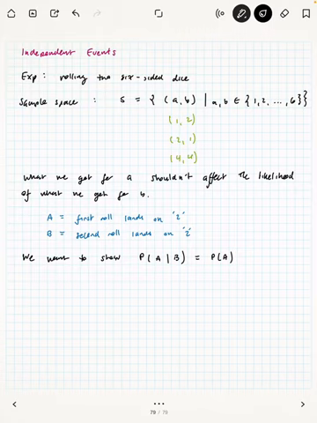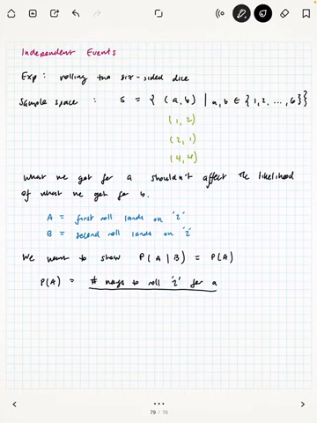So first, we need to find the probability of A. So the probability of A is the number of ways to roll 2 for A divided by the total number of possibilities here.